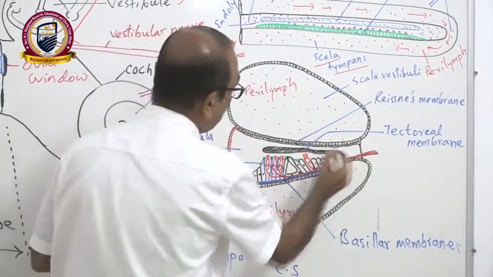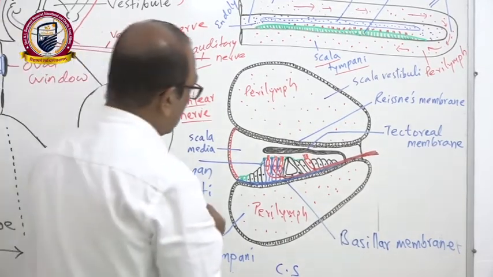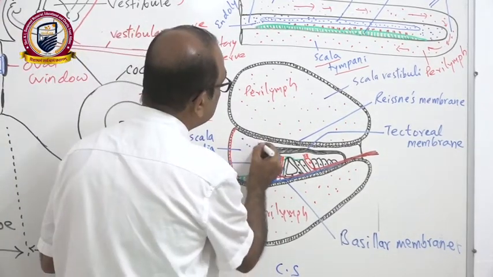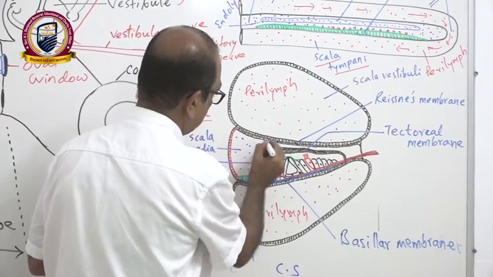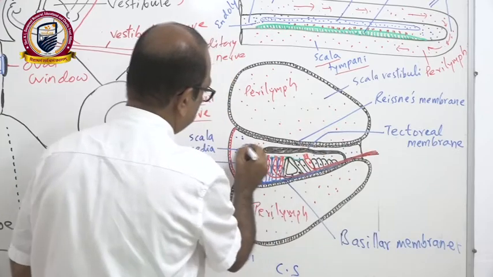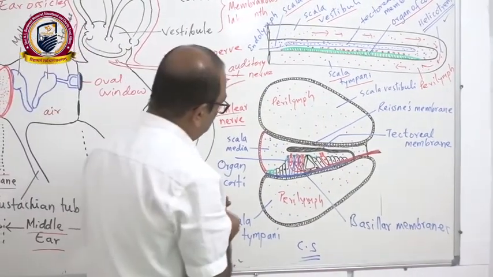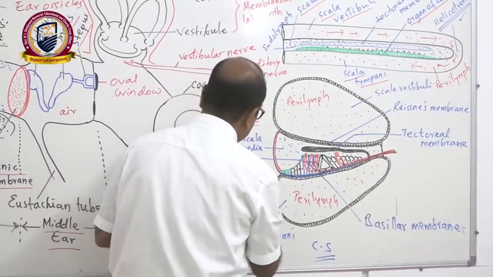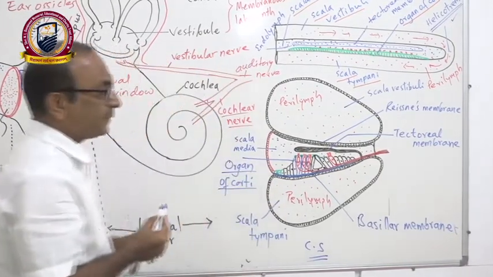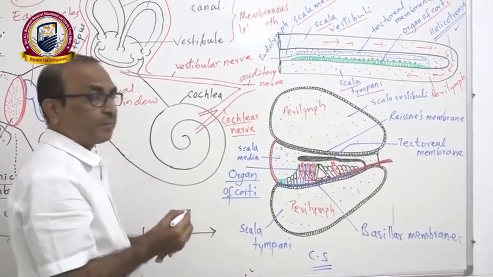And this is the central one, the scala media, where you find the endolymph. It is the scala media where the organ of Corti is located. Let us look into the structure of the organ of Corti.